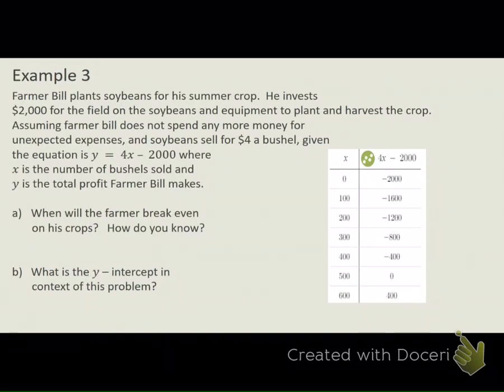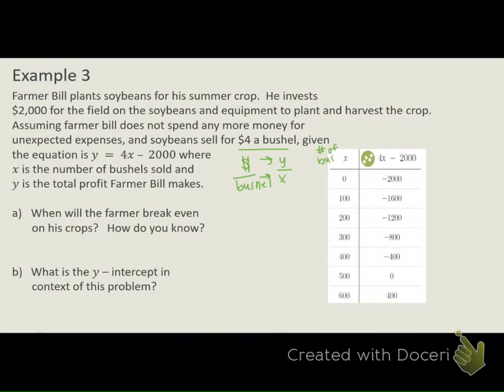Assuming Farmer Bill does not spend any money for unexpected expenses and soybeans sell for $4 a bushel, given the equation y equals 4x minus 2,000, where x is the number of bushels sold and y is the total profit. You can figure this out by the slope because this is the rate of change. It's cost per bushel, right? And it's y over x. So that's why y is the total cost and x is the number of bushels.